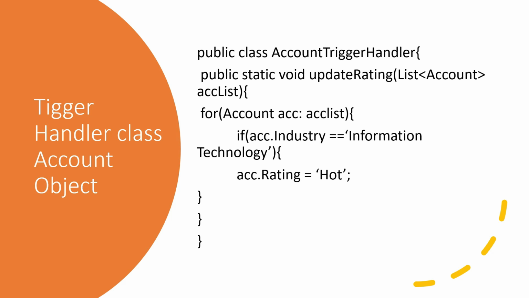We are iterating accList and storing into the account variable acc. If acc.Industry equals Information Technology, we would like to update the rating as Hot. This will update the rating as Hot if the user has selected Information Technology as industry. There is no need to write a DML operation in a before insert operation.